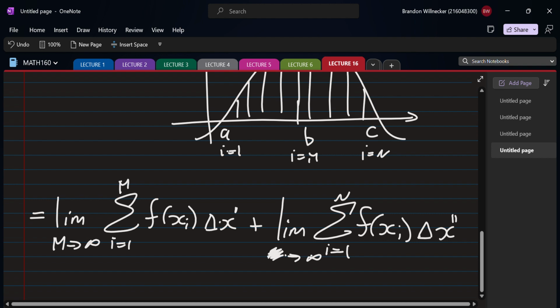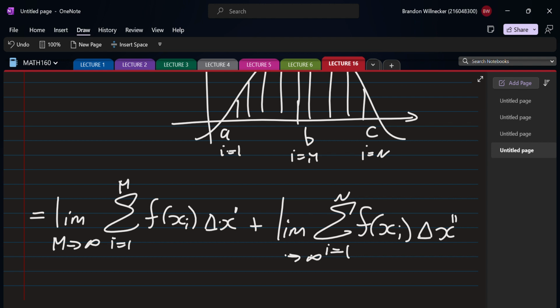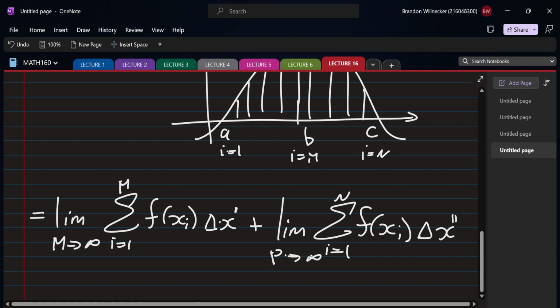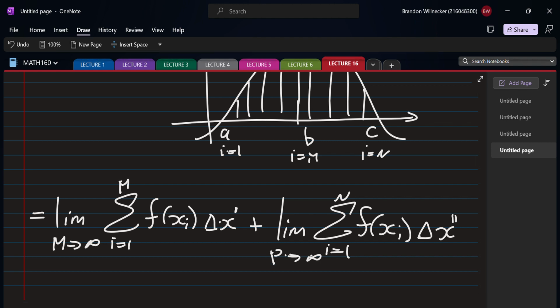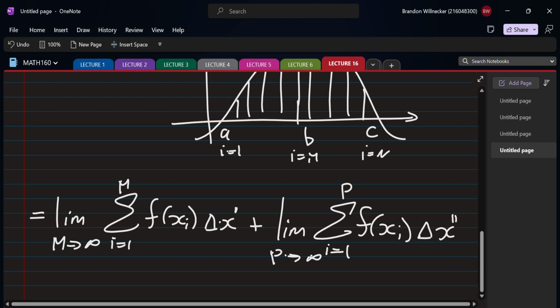Let's call it p. So we can call it p over there. So that's from 1 to p.